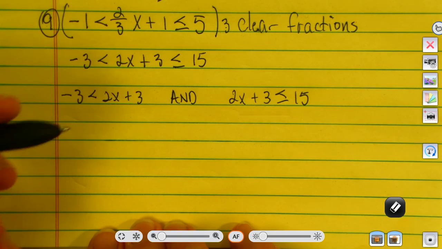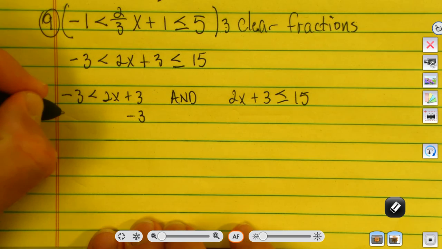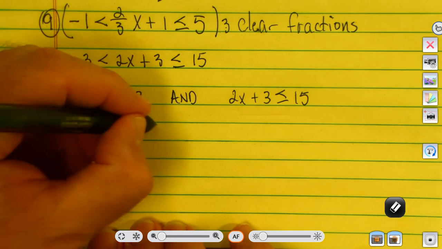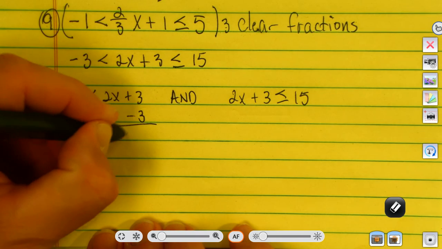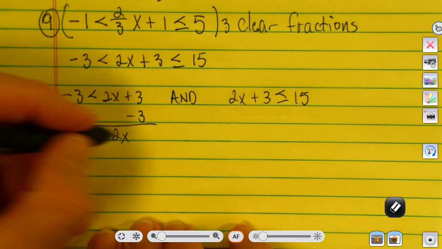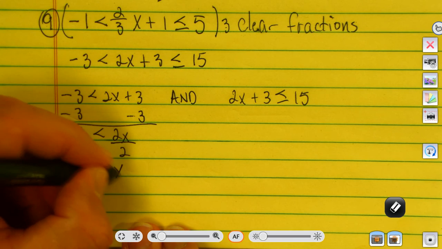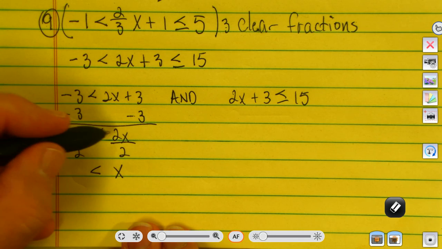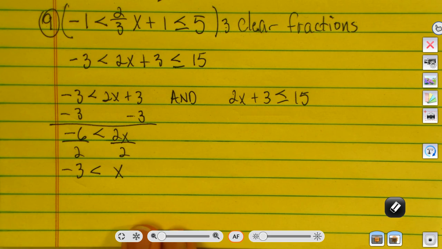Okay, I'll just use the same process as always. Subtract 3 from both sides, and I'll get -6 is less than 2x. Divide by 2. I'll be left with -3 is less than x.